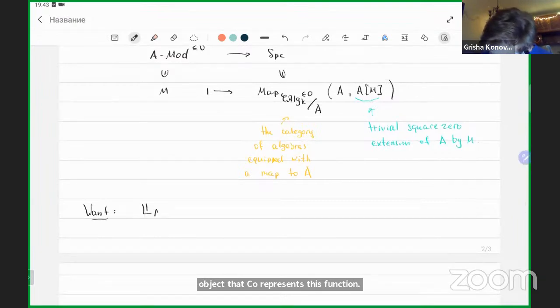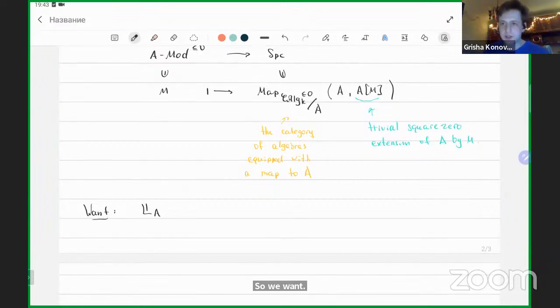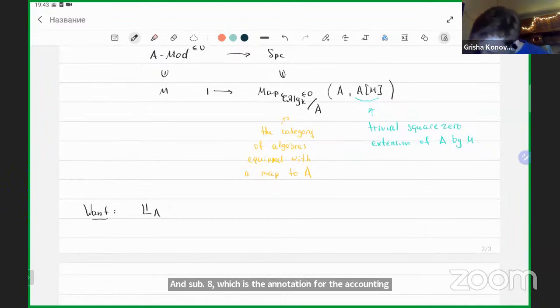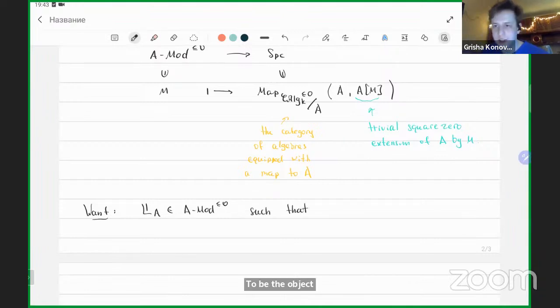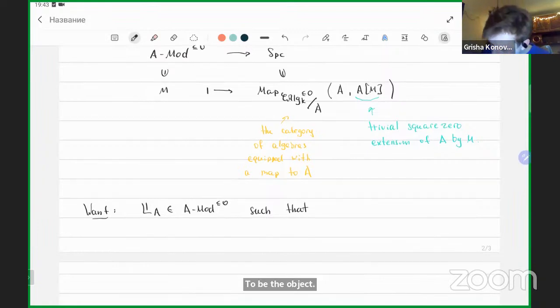So we want L sub A, which is the notation for the cotangent complex, to be the object that co-represents this functor.